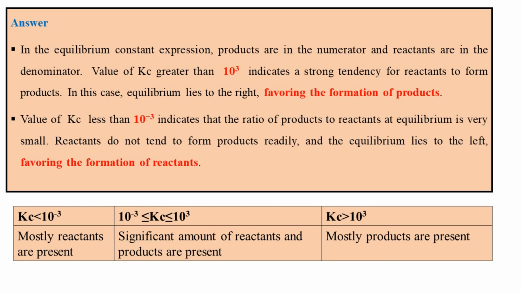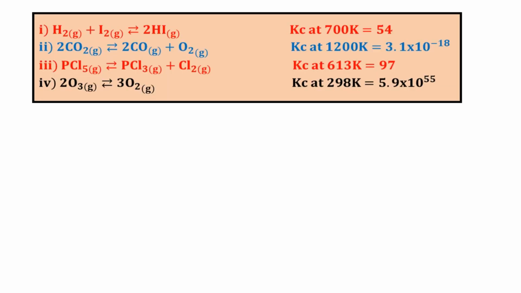That is the reference we will take to decide whether you have the reactant only, the product only, or both the product and reactant. So we need to decide based on the value of Kc given for each reaction.